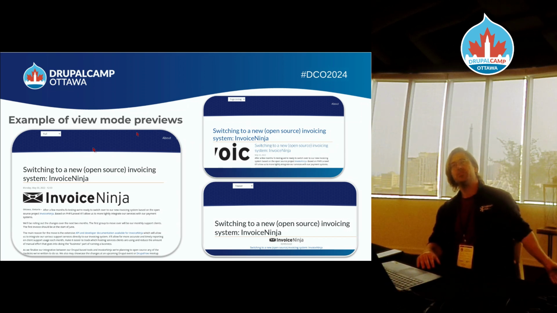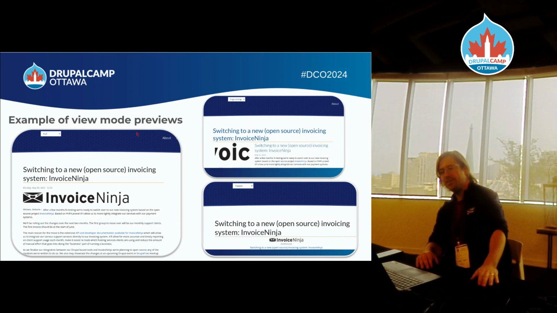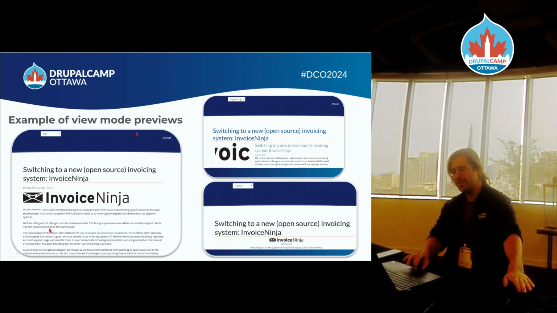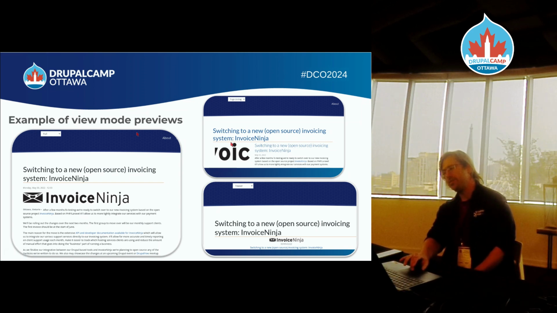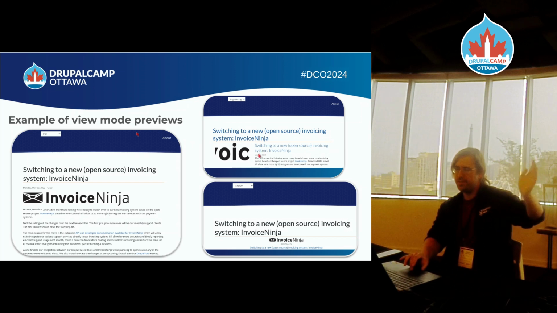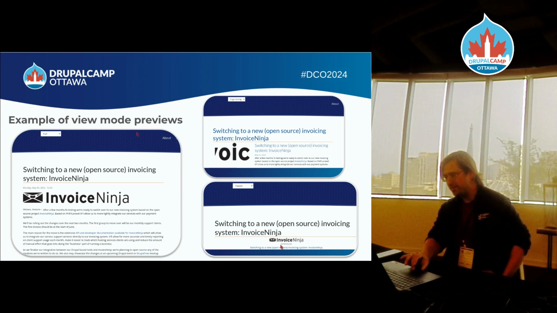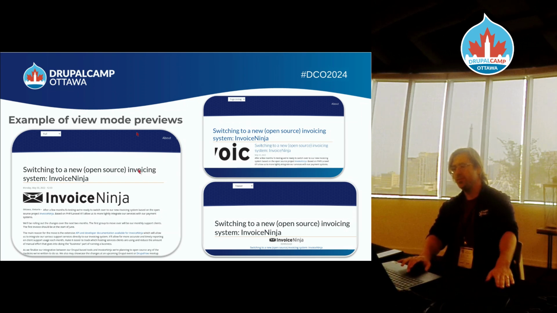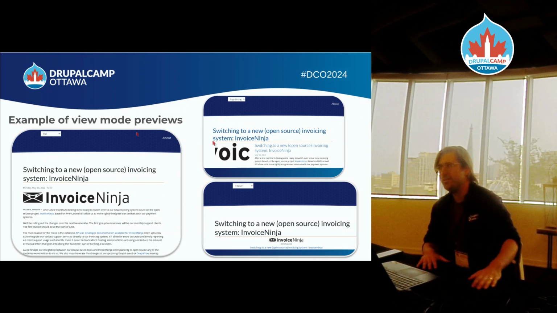So with Manage Display, you can have a news type, and when you're looking at the news, it looks like this, but when it comes up in a response from a view, it will look like this as a page listing, and if it's being used as a search result, it'll look like that. So you can double check by using the preview before you save anything: is this what I want? Is this going to look right?